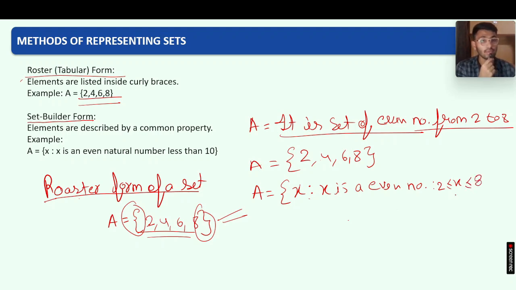Are you getting it? It is just lying between 2 and 8.